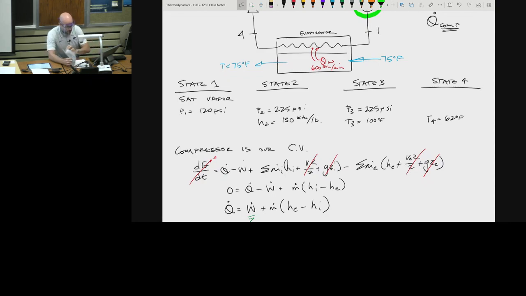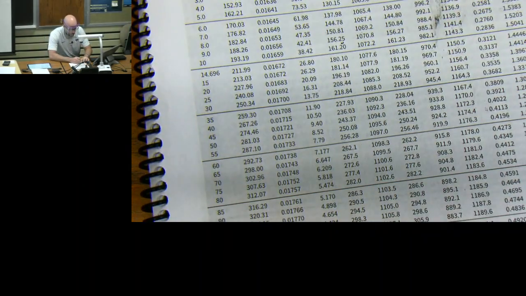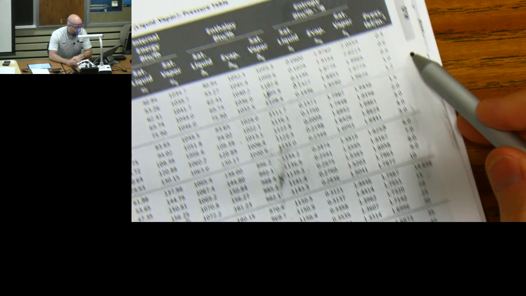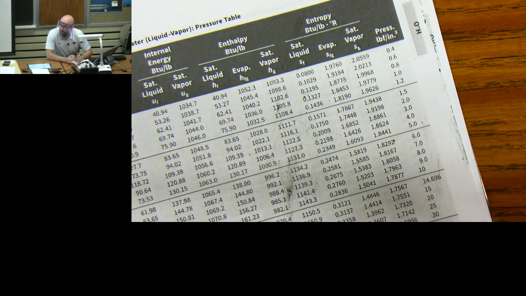So if I go to 120 psi and a saturated vapor, oh, I almost made a mistake. I'm looking at water. I have to remember this is a refrigerant. It's an easy mistake to make. It's R22.